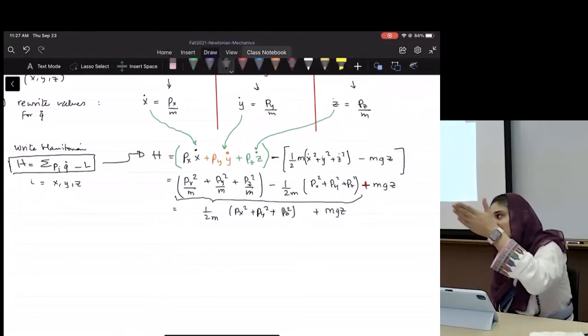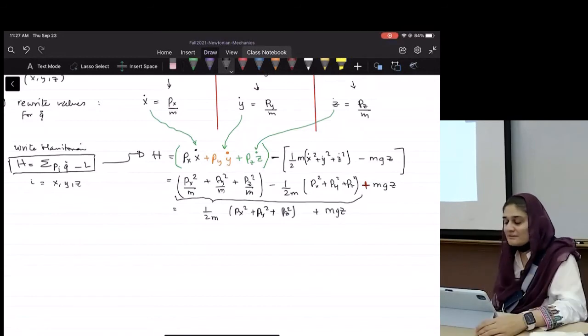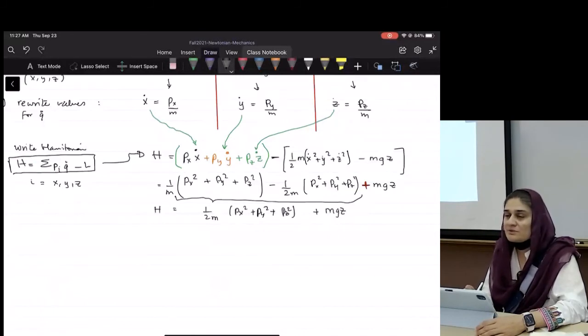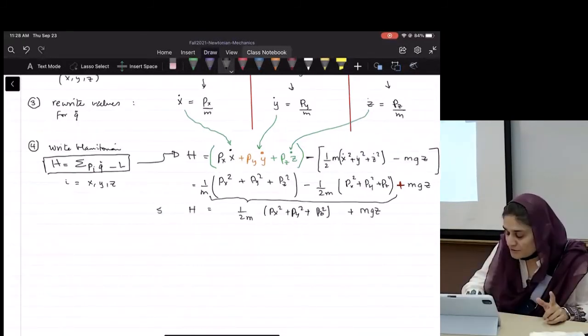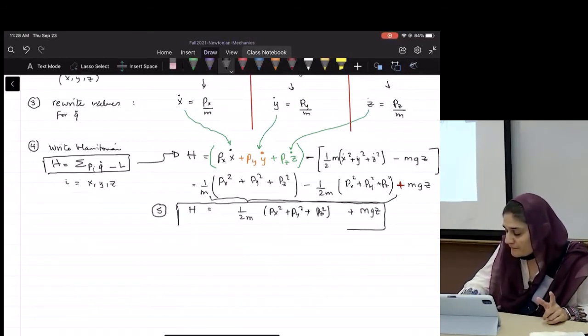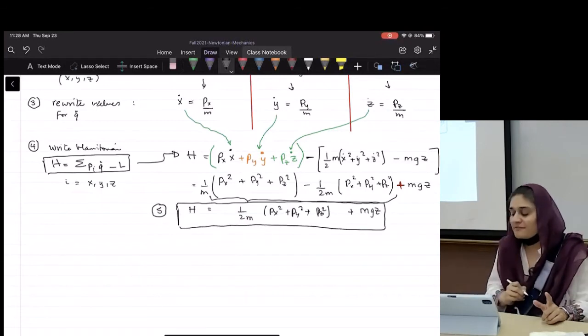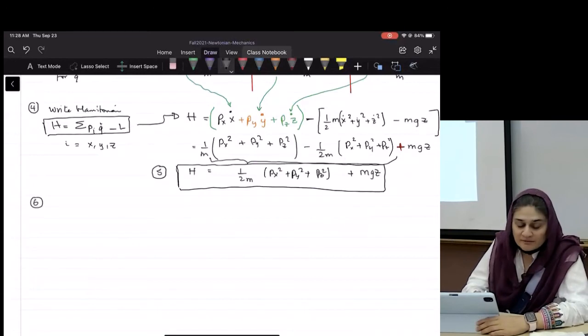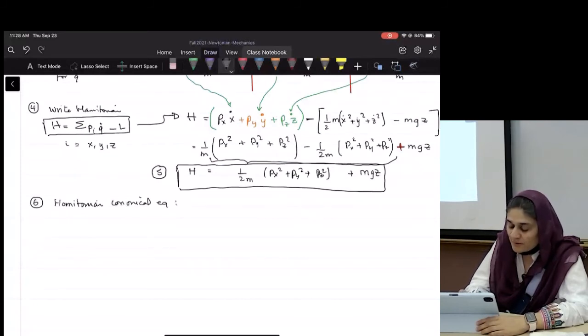So 1 minus 1/2 gives you 1/2. Now, you should have a Hamiltonian in terms of P's and Q's only. Do you have all of your H in terms of P's and Q's? Yeah. So that is number 5. Now, what is step number 6? Hamiltonian's canonical equations. Which were what?